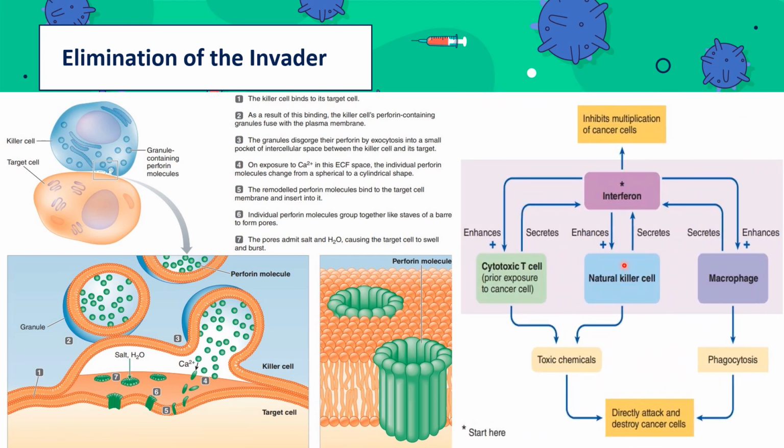The cytotoxic cell also secretes gamma interferon, which is antiviral. Interferon promotes phagocytosis, and the cytotoxic cells also secrete lymphotoxins, and these lymphotoxins also destroy the invading organisms.